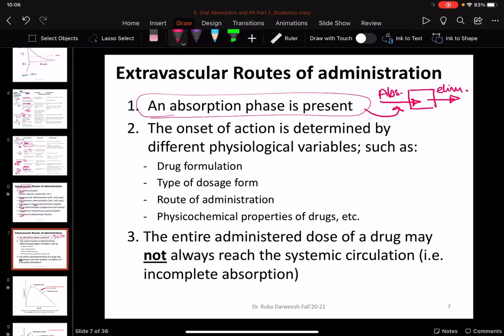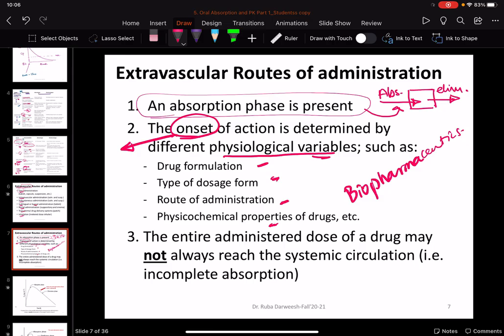Okay, the onset of action depends on many physiological variabilities related either to the drug itself or the physicochemical properties of the drug, the route of administration, in addition to other physiological factors related to the targets of the absorption that we are interested in, which is what we call biopharmaceutics as a science. So the onset of action could be direct, could be not. It depends on many factors.